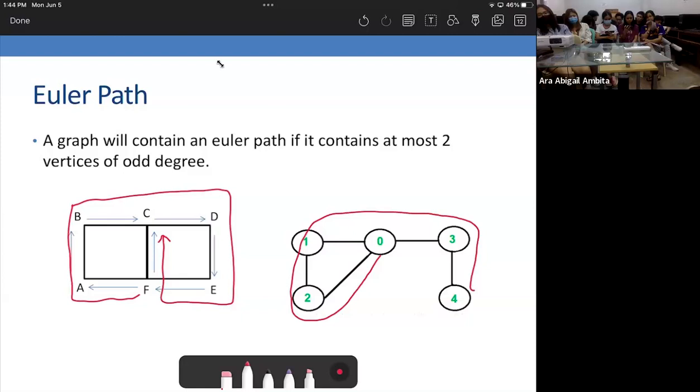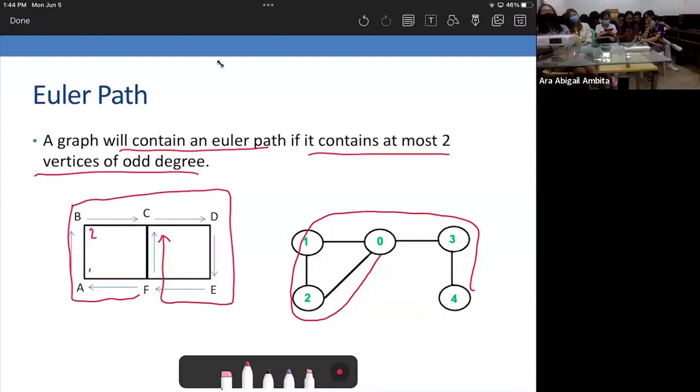Magko-contain yung graph ng Euler path if it contains at most 2 vertices of odd degree. So yung gagawin natin is titingnan natin lahat ng degree. F, ay, ano ba yun?